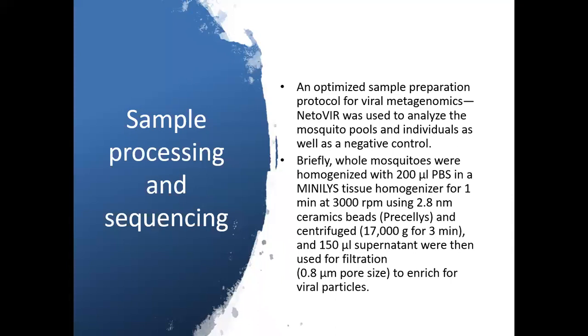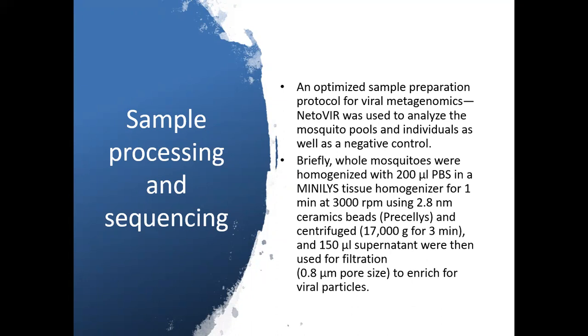So how were the sample processing and sequencing done? An optimized sample preparation protocol for viral metagenomics called NetoVIR was used to analyze the mosquito pools, the individuals, as well as the negative control.